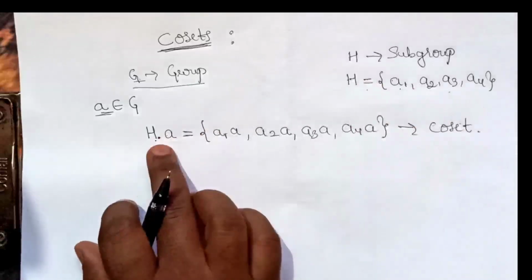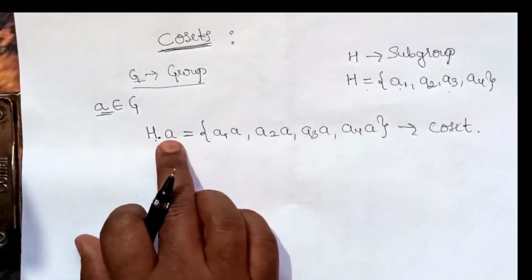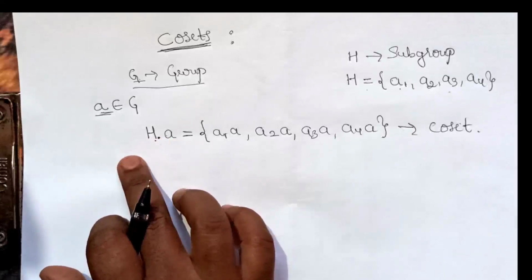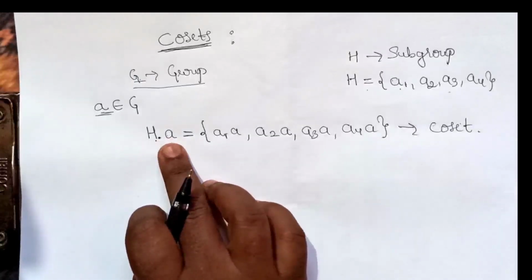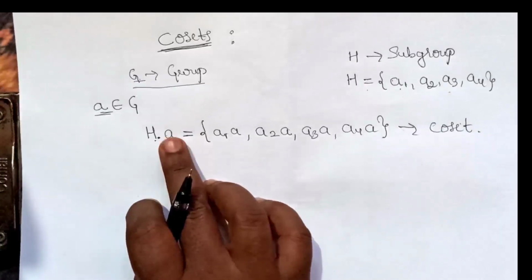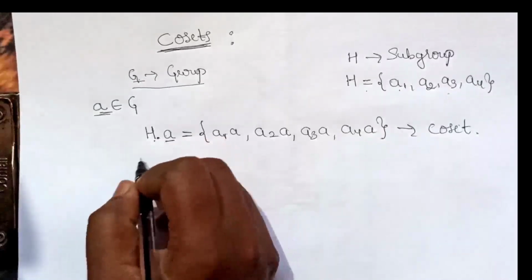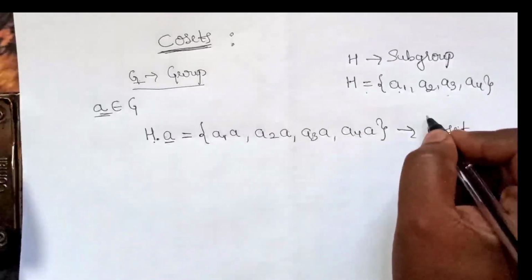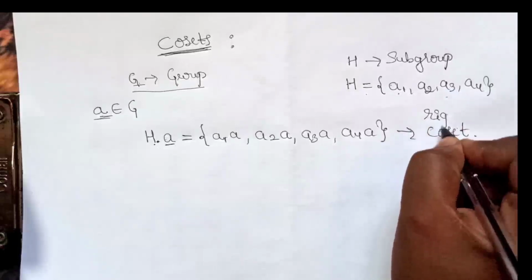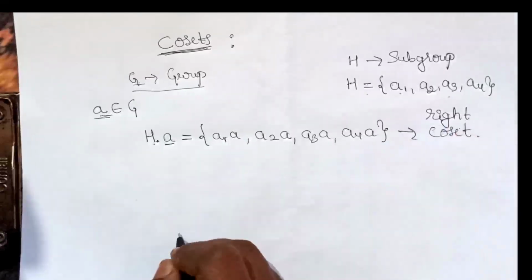Here H is on the left side and a is on the right side, so we are operating the element a from the right. Therefore this coset is called the right coset.